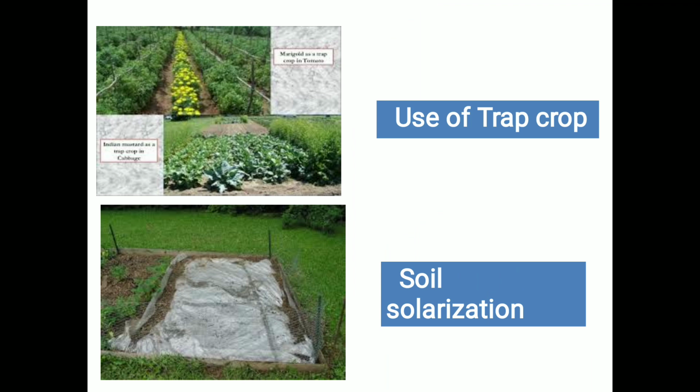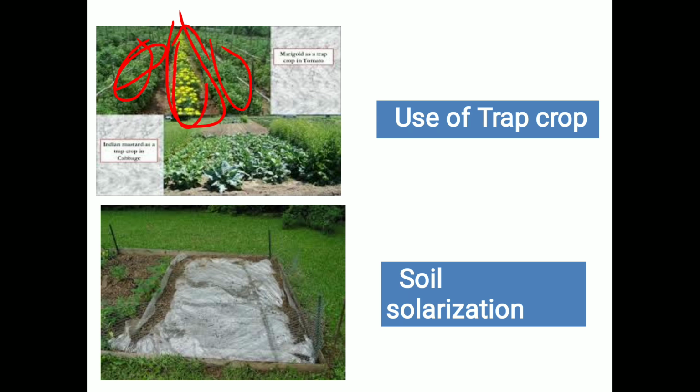Next, use of trap crop. As we know, previously we discussed intercropping. A trap crop is nothing but a crop planted to attract a number of agricultural pests or diseases, to avoid the attack on the main crop.